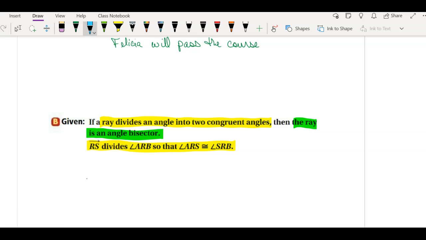So we can conclude that ray RS is an angle bisector. And I use the symbol for angle instead of writing out the word angle.